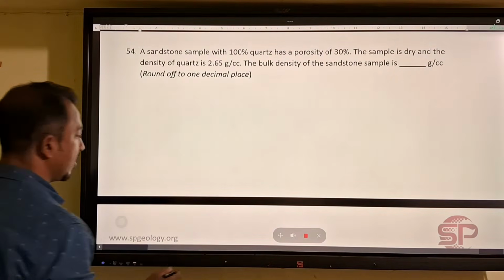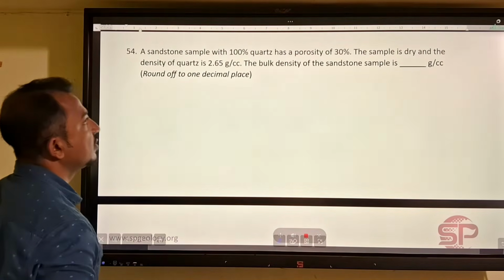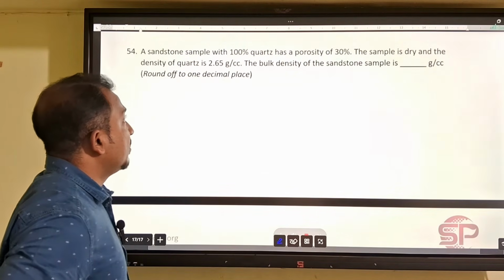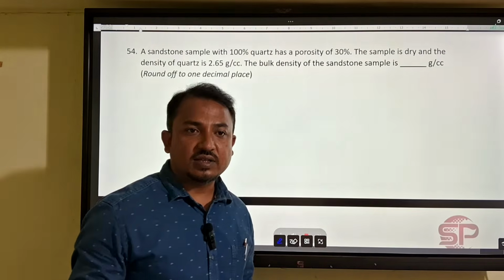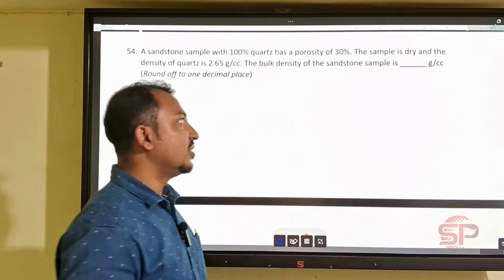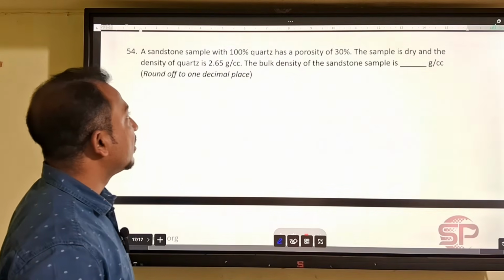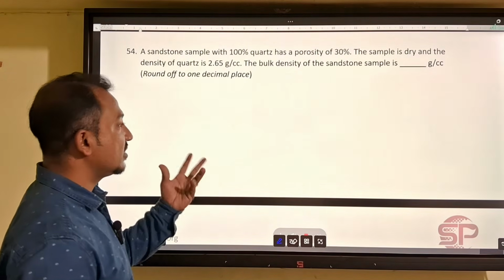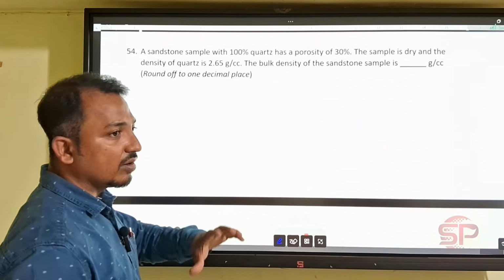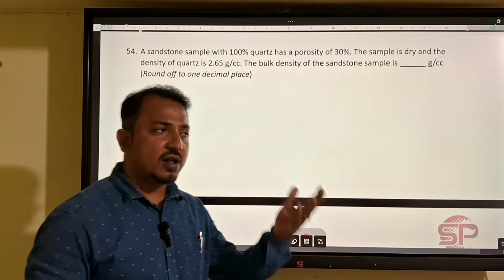Then a question from porosity. A sandstone sample with 100% quartz, that means it consists completely of quartz. That 100% data is not required in the calculation; it is simply given to confuse you. That means the rock consists completely of quartz.